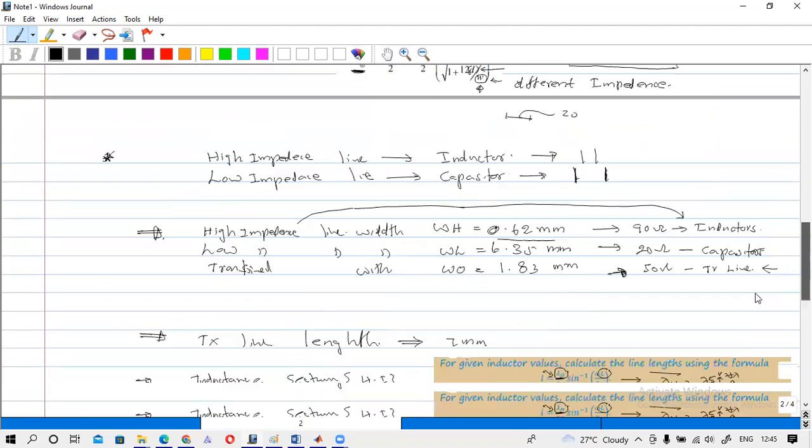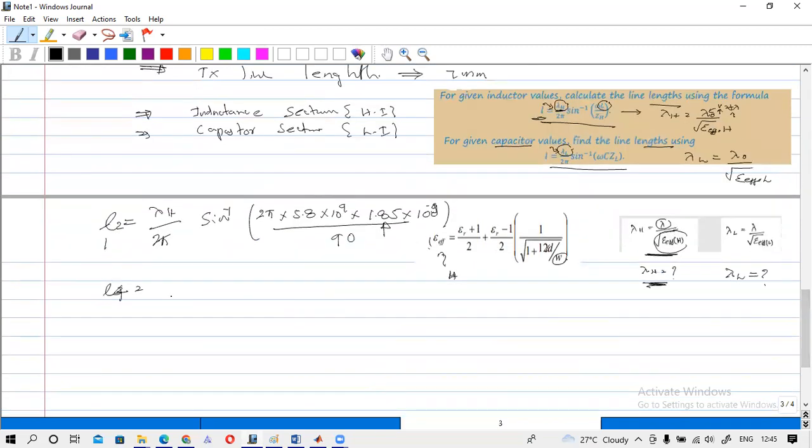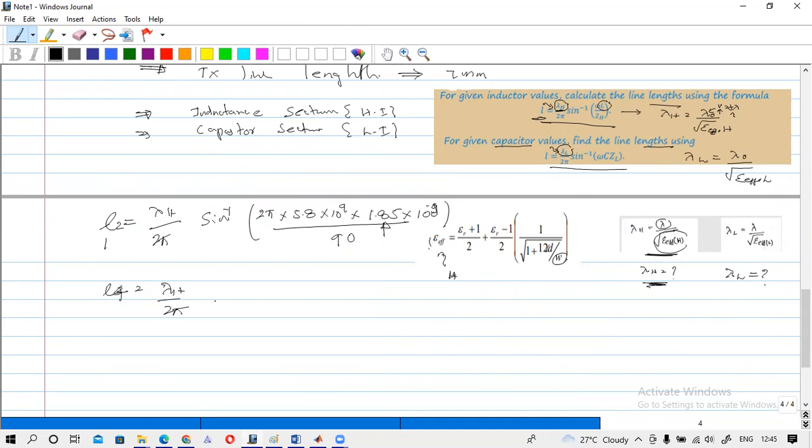So L4 is lambda h divided by 2.5, sine inverse of 2.5 times 5.8 times 10 to the power 9 times 2.01 times 10 to the power minus 9 divided by 90. So you can calculate that value also. Then you can calculate the other values.